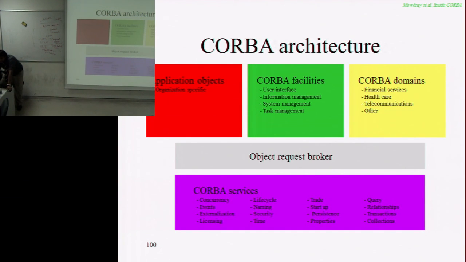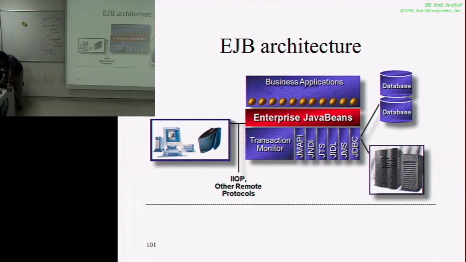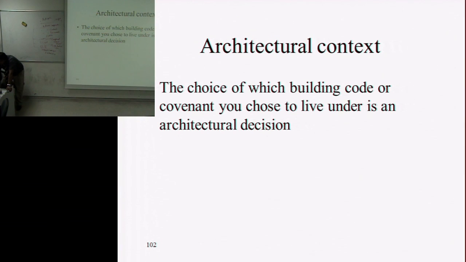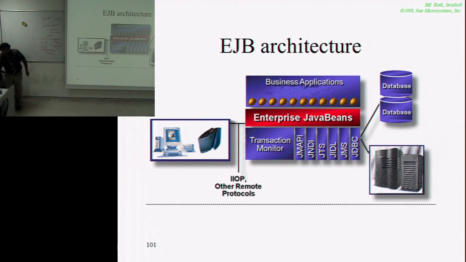I did not provide you the diagram, but it is there; I showed it to you on the board. The EJB architecture, Enterprise Java Beans, has remote protocols using RMI and Jini. I think it is enough for today.